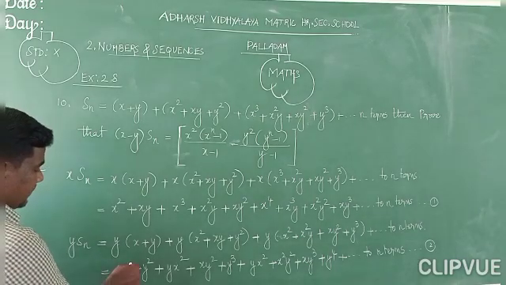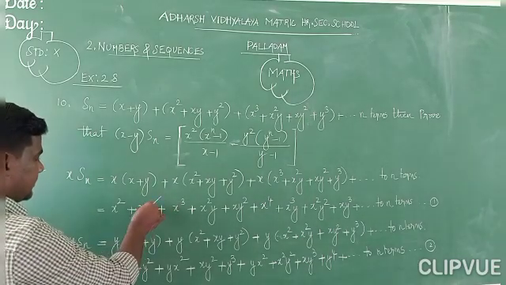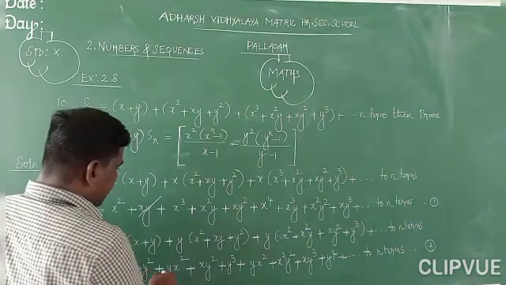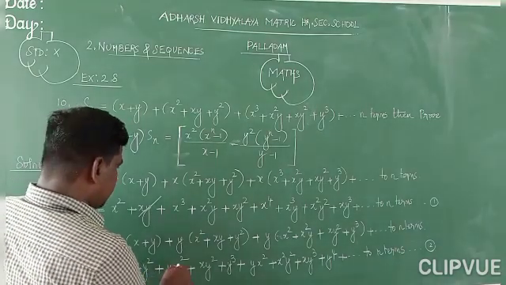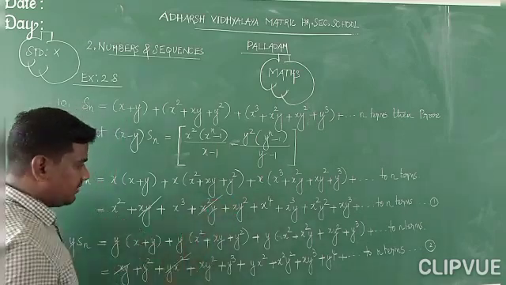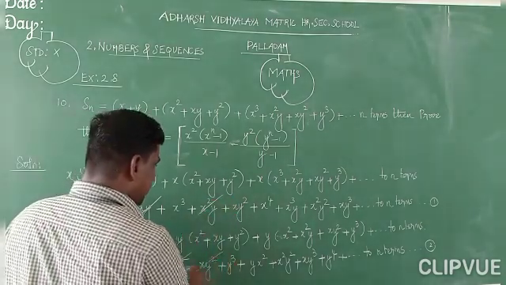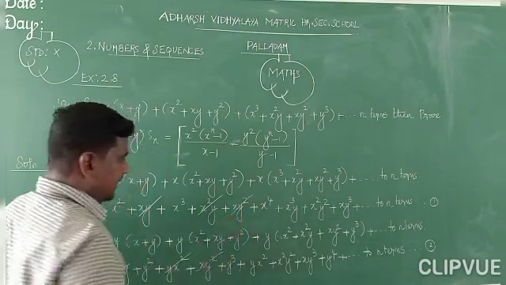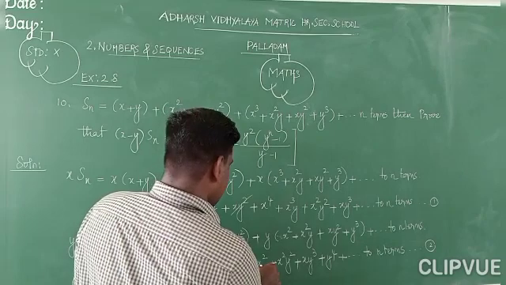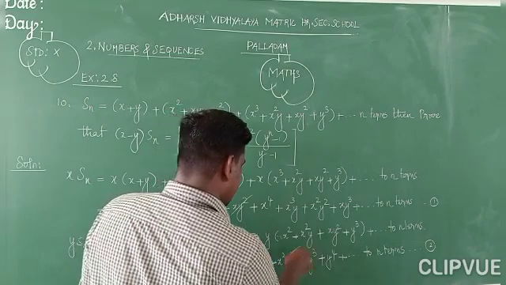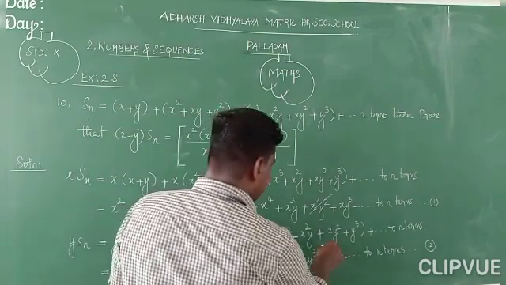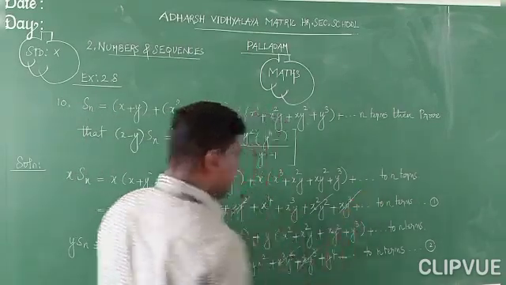So what do we get? The plus xy and this minus xy will be cancelled. Similarly, this y x square and this x square y will be cancelled, and xy square and this xy square cancelled, and x square y square and this x square y square will be cancelled, and this xy cube will be cancelled.